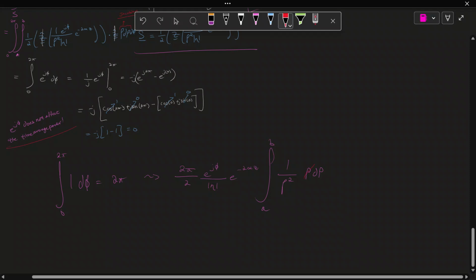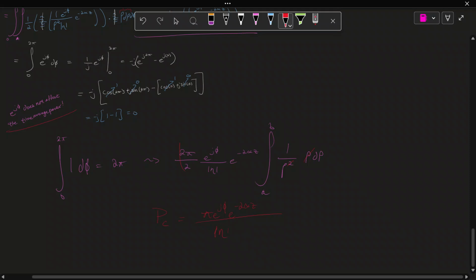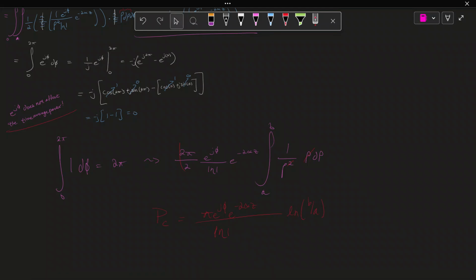You take rho, you get natural log of b over a. So the complex power is equal to, this can cancel, pi e to the j phi e to the negative 2 alpha z over the magnitude of the intrinsic impedance times natural log of b over a. That should be your answer for the complex power.